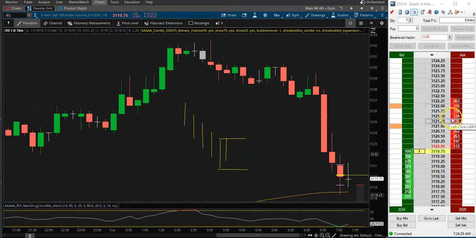So I'll come up here and I'll say, okay, hey, how many orders are on the order book up around 31.22? Well, there's only 350. There's nothing big. There's actually not a lot of stuff going on around that level.